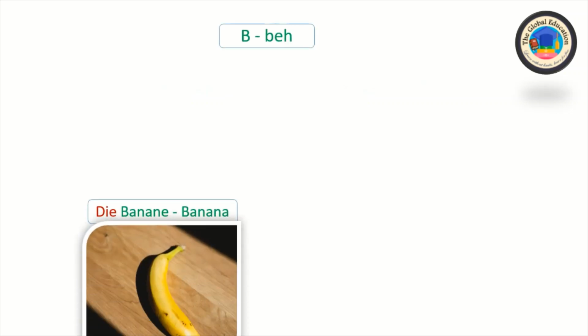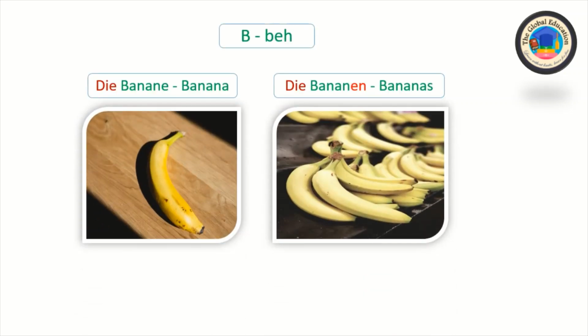B, die Banane, the banana. In plural, die Bananen; we always use die in plural, and in the plural we add en at the end.